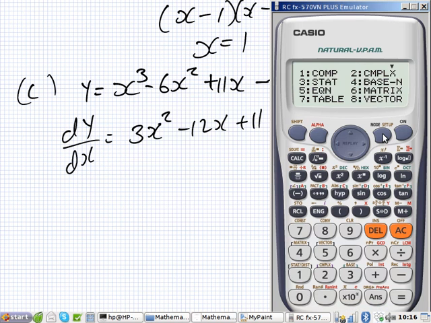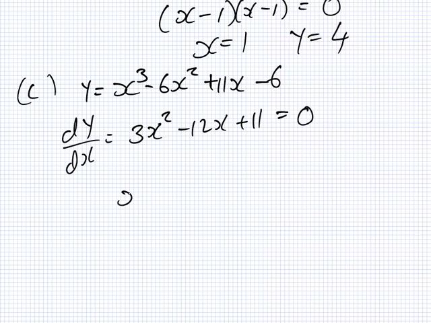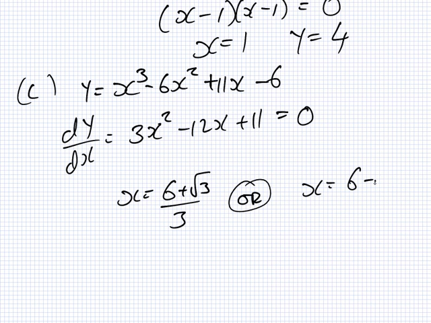Mode 5 3, 3, minus 12, 11. So you get 2 answers. x equals (6 plus root 3) over 3, or x equals (6 minus root 3) over 3.